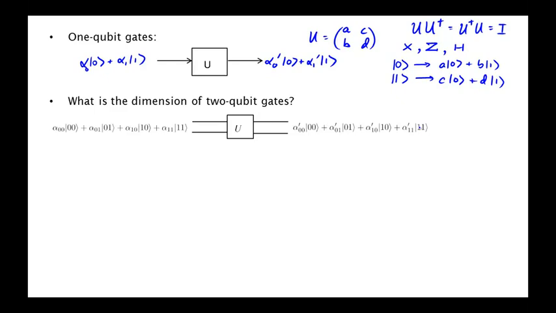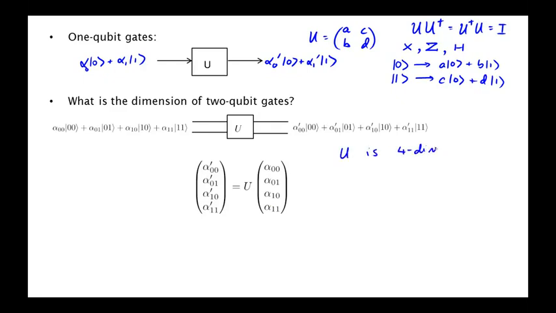So now, the way that this output state is related to the input state is, of course, given by this unitary transformation U, which is a linear transformation. What's the dimension of this transformation? Well, clearly U is 4-dimensional.